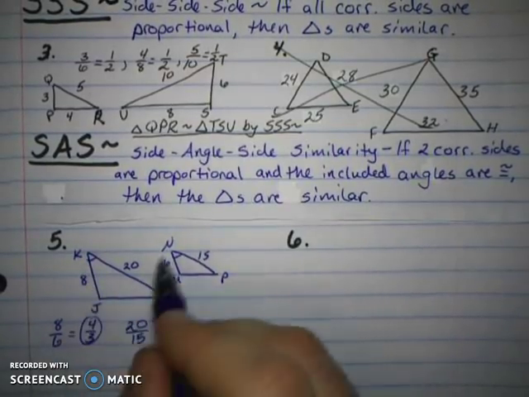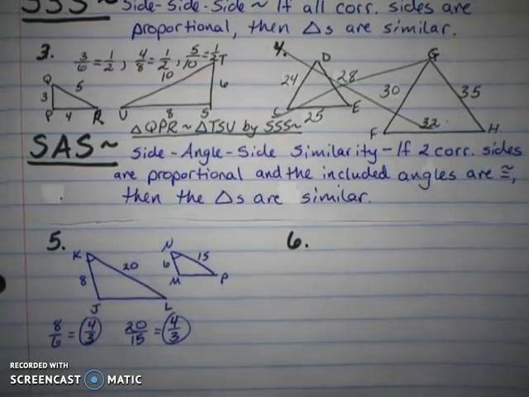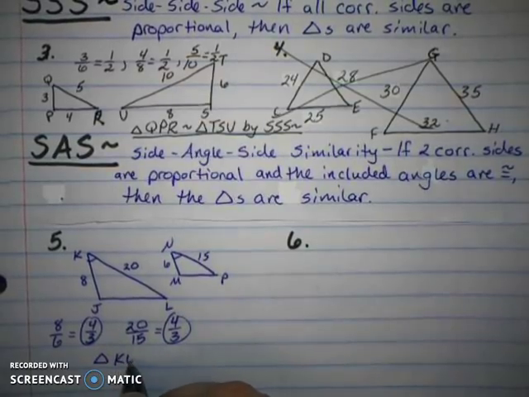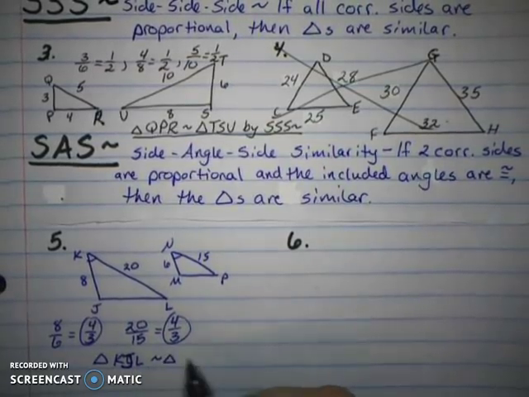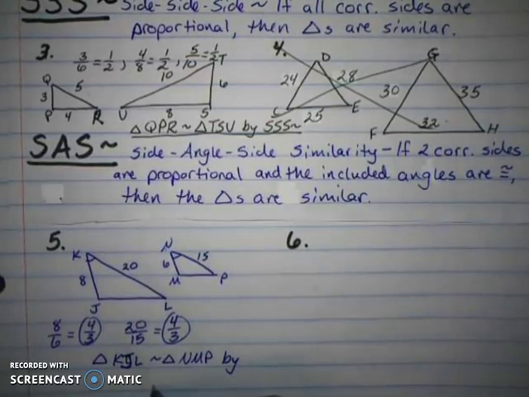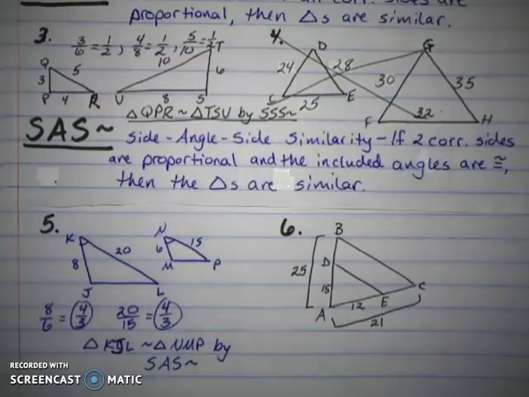That means these sides are proportional to these two, and the included angles are also congruent. So triangle KJL is similar to triangle NMP by side angle side. We're going to try one more example.